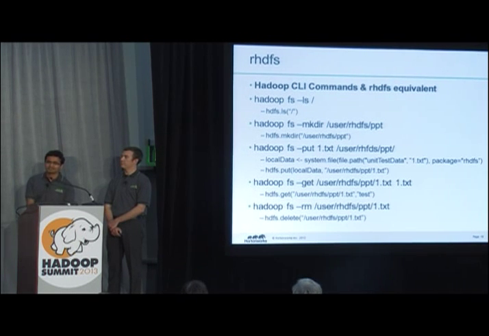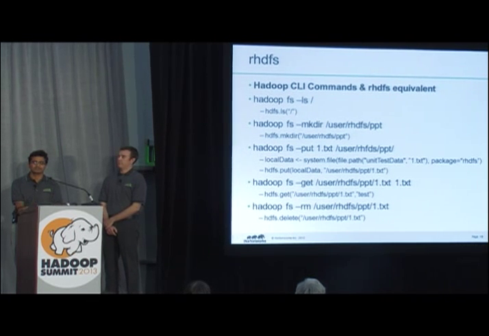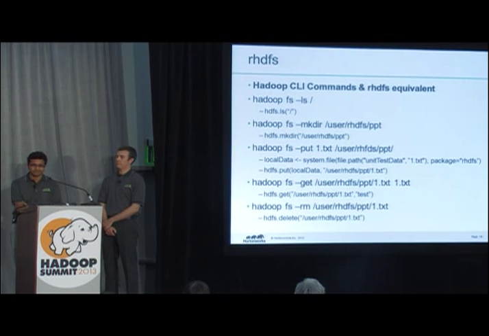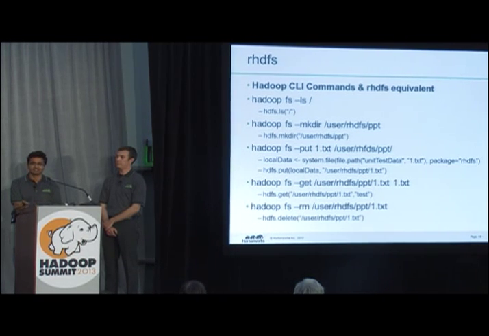Okay, so I just listed out some of the common command line things that you use with the HDFS command line and the RHDFS equivalent here. So if you want to do an ls, it's hdfs.ls. Create a directory, there's an equivalent of mkdir. Then there's a put.